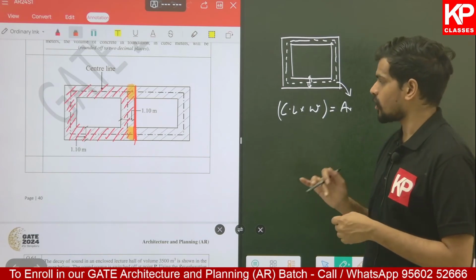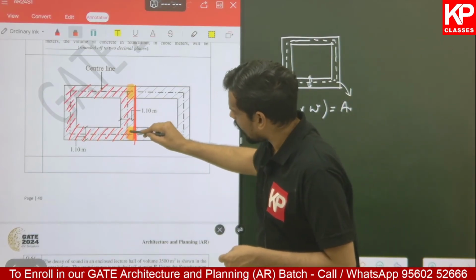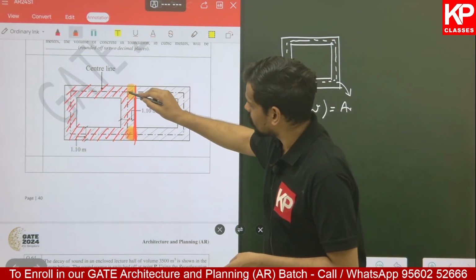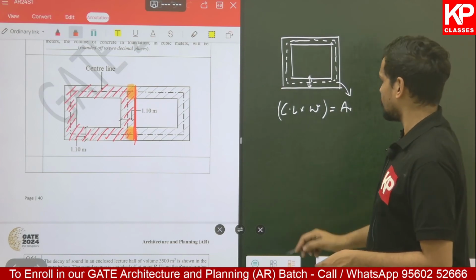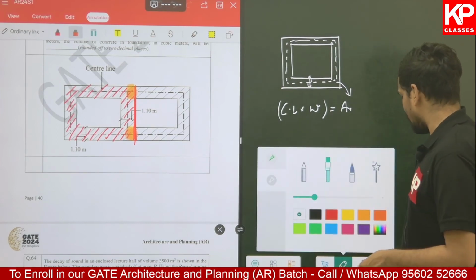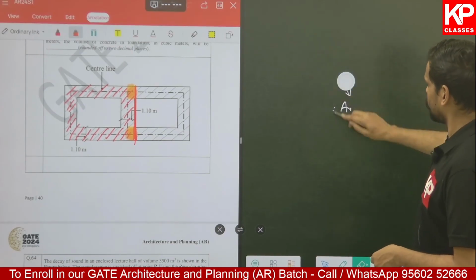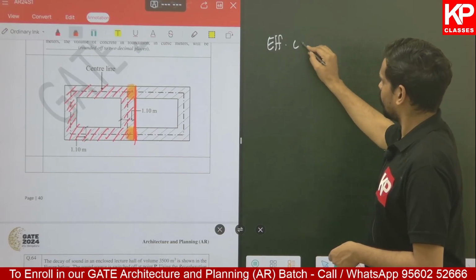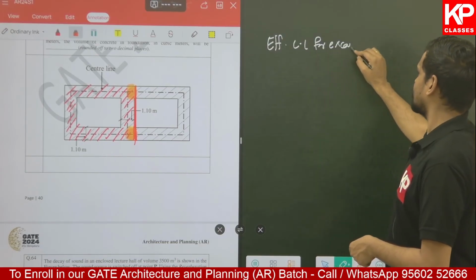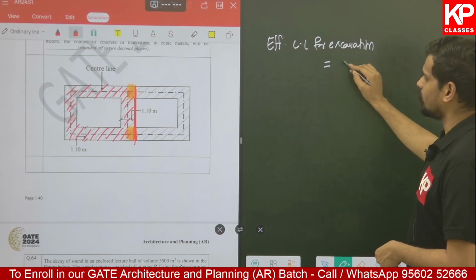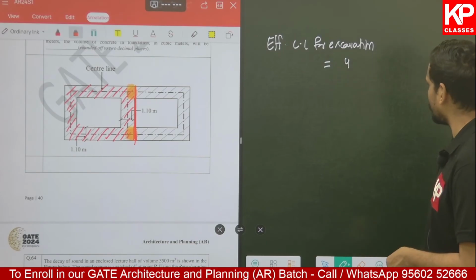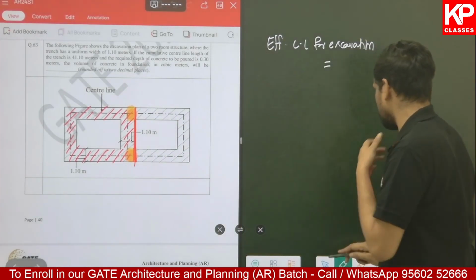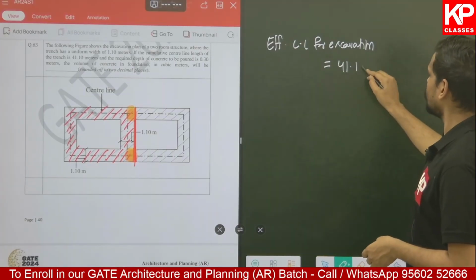Whenever you're having intersections, remember, you will need to deduct half of the width of the wall, or half of the width of the footprint, at every intersection. That has to be deducted. So this part and this part. So what will be the effective length of the center line for our calculation in this question? The effective center line for excavation will be the total length of the center line, which is given as 41.1, minus the deduction.